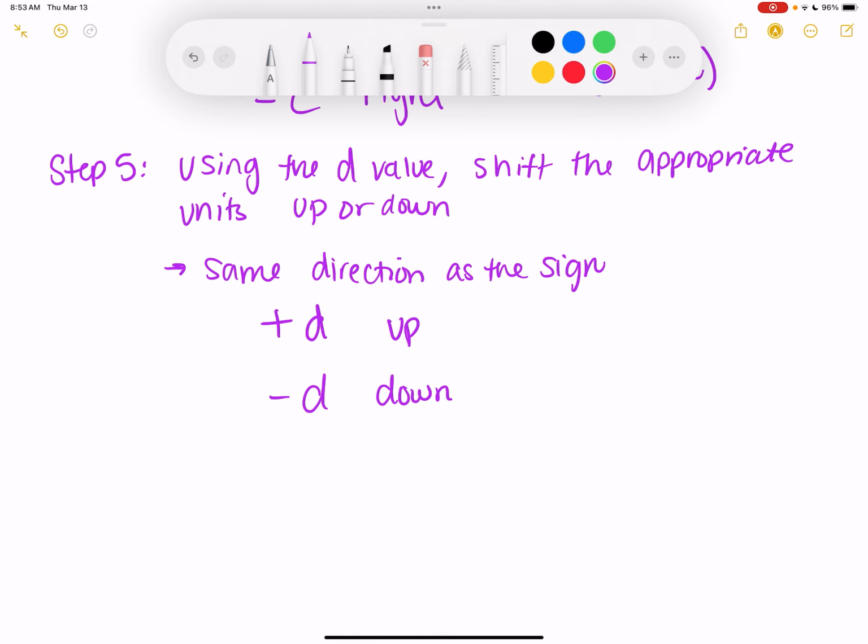And then lastly, step 6. Determine whether or not the graph is reflected.